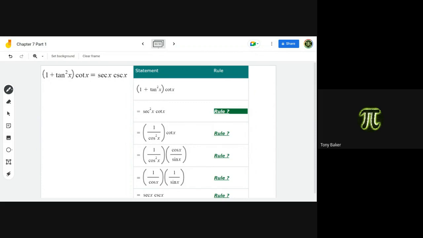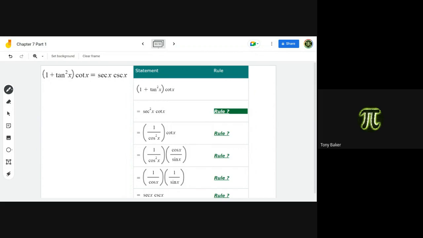You can do that as long as you're using the same rules. A lot of times you might want to go right from the secant squared x and cotangent x to the 1 over cosine squared x, cosine x over sine x, because you're changing everything to sines and cosines. However, in that situation, you're using 2 different rules. You're using a quotient rule and a reciprocal rule.